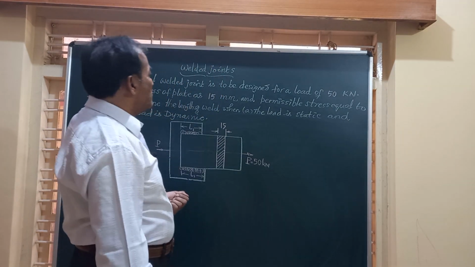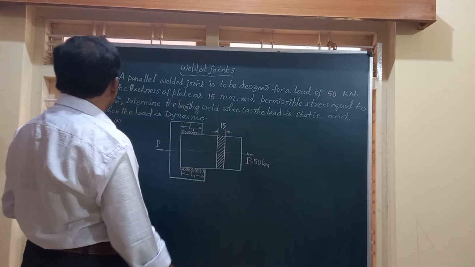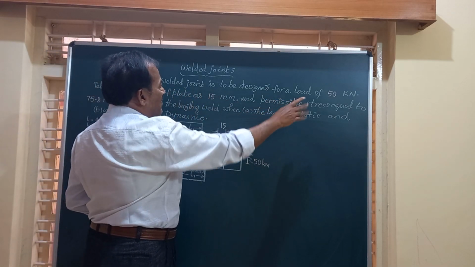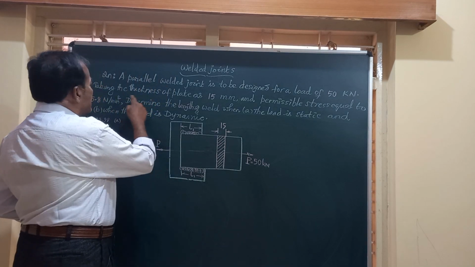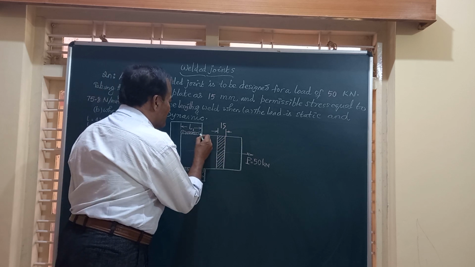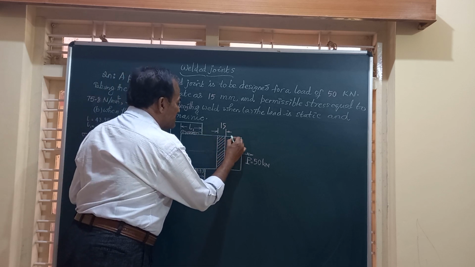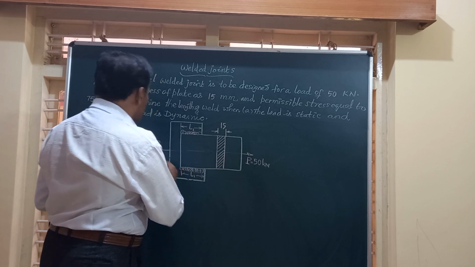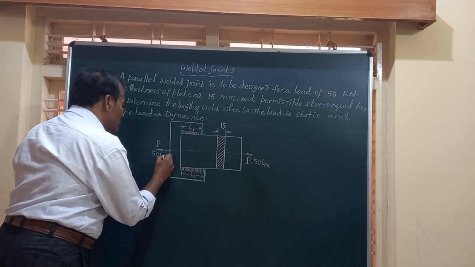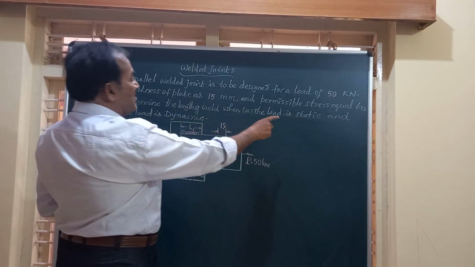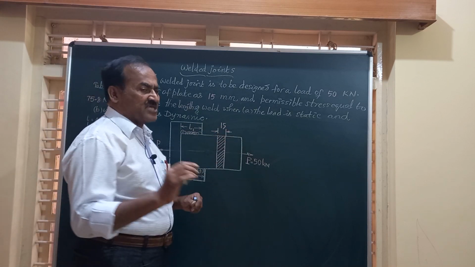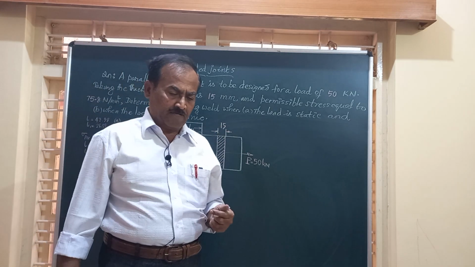Friends, let's see what is the question in store for today's video. A parallel welded joint is to be designed for a load of 50 kilonewton. Taking the thickness of the plate, this is a plate to be welded and they give us the thickness of the plate as 15 millimeter and it has to sustain a load of 50 kilonewton, and we have been asked to determine the length of the weld required when the load is static and when the load is dynamic.